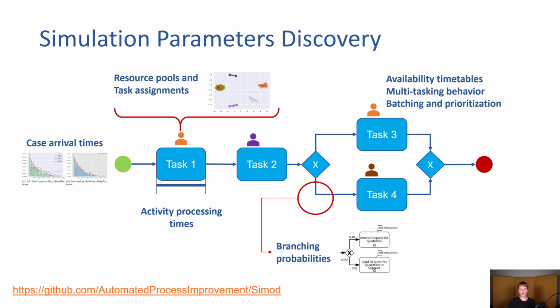The benefit of such automated tools is actually twofold. One thing is that building simulation models manually takes quite a lot of time and it's also error-prone. But the second thing is that if we can find simulation parameters automatically, then we can also build pipelines in which we do hundreds of simulations one after the other in order to figure out how the process can be improved.